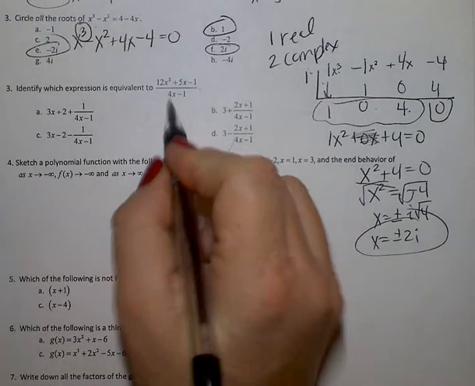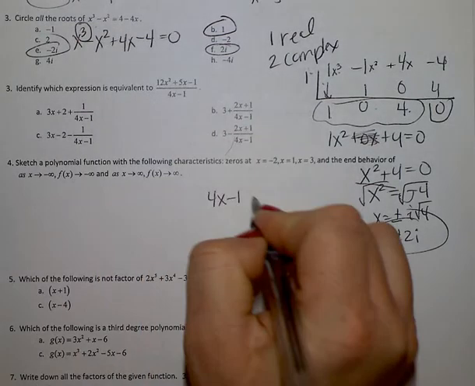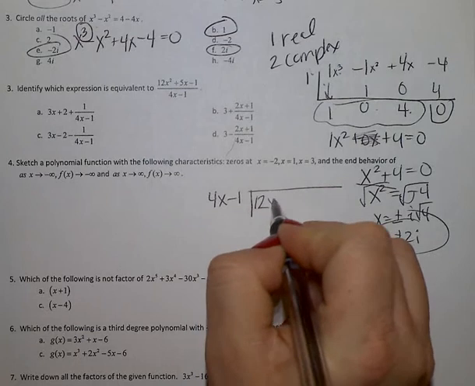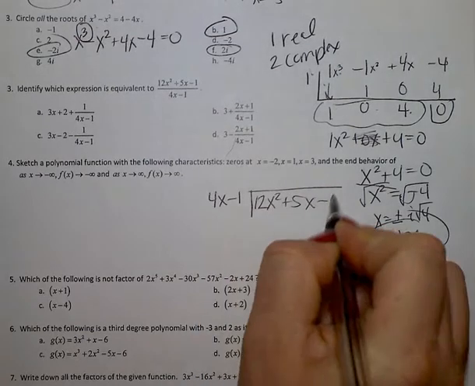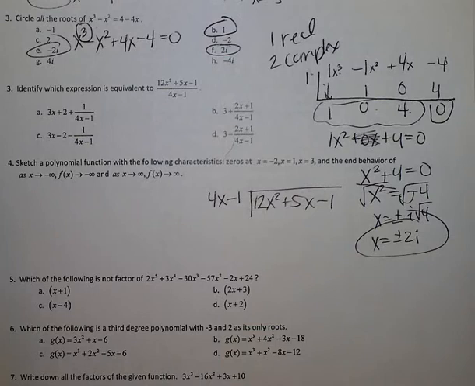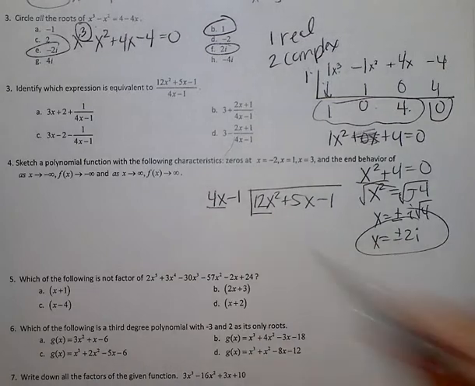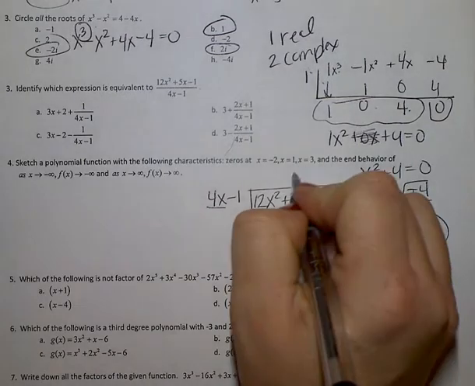So let's do long division here. We have 4x minus 1 on the outside, and the inside I have 12x squared plus 5x minus 1. 4x times what quantity equals 12x squared? The answer is 3x.